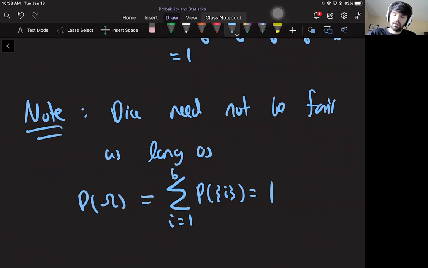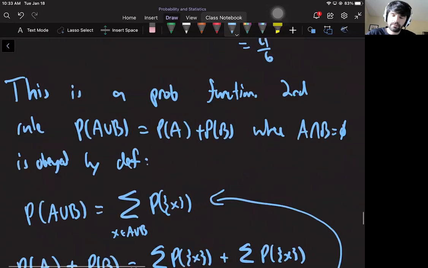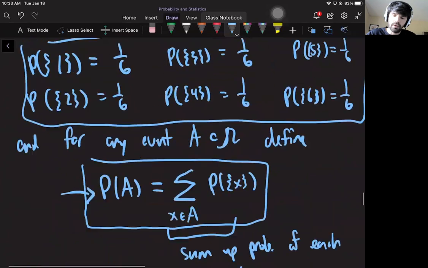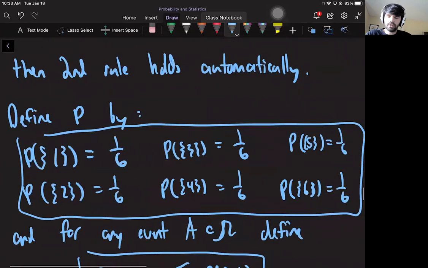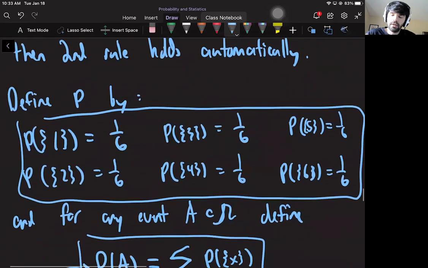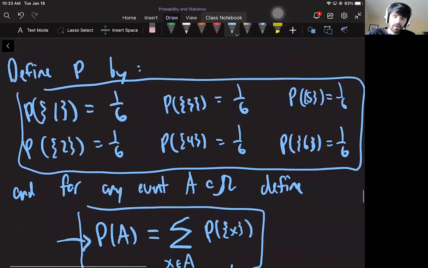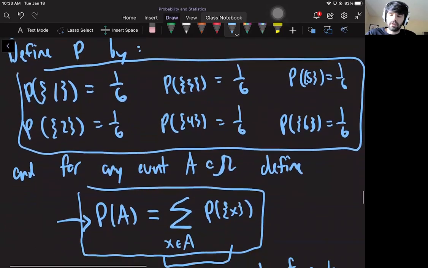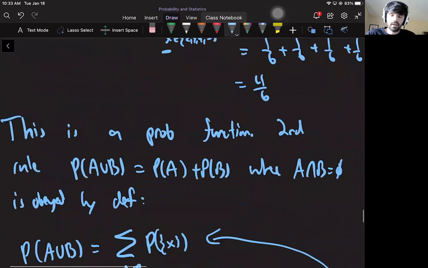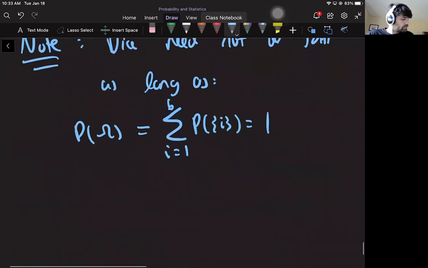As long as this adds up to 1, then everything else you can change around. So what I'm saying is these don't need to all be 1/6. You can change them all around. As long as they add up to 1, it'll still be a probability function. But it's just a probability function of like some sort of weird dice that's unbalanced or something like that. Okay.